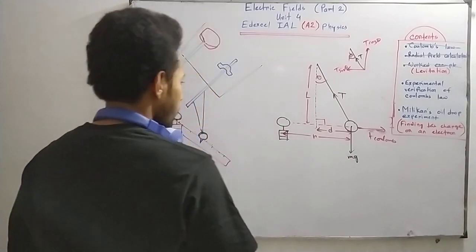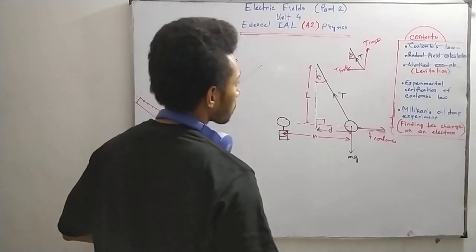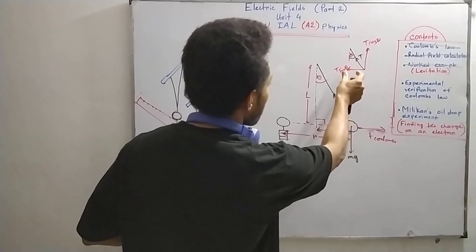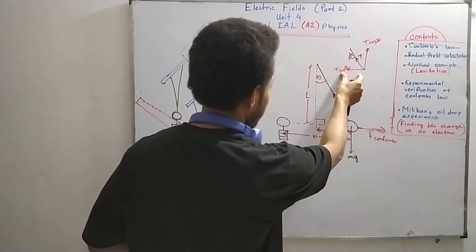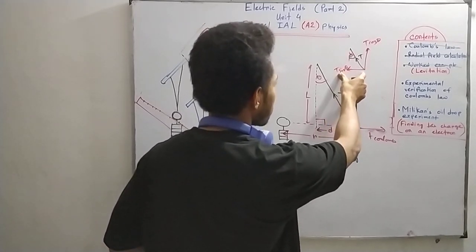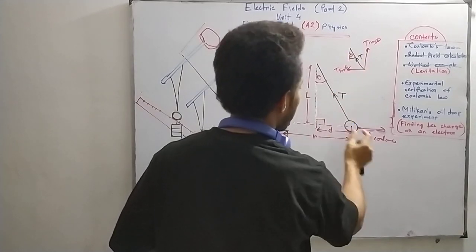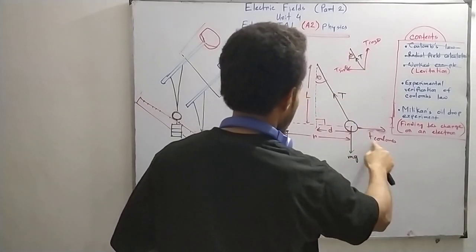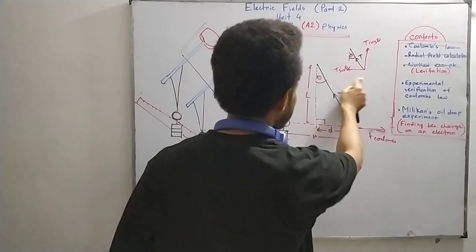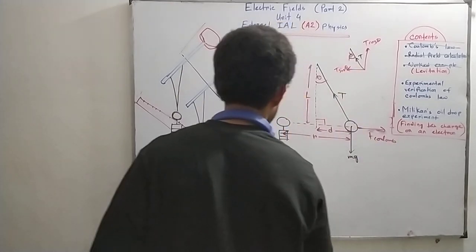And we can see that the horizontal component of the tension, T sin theta, is balancing the Coulomb force.